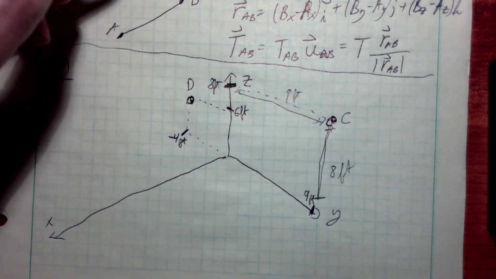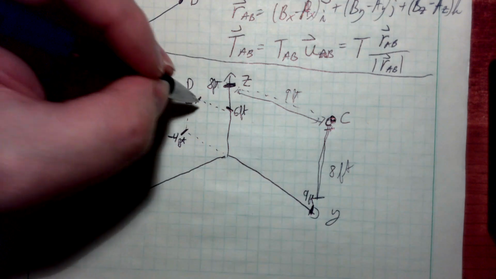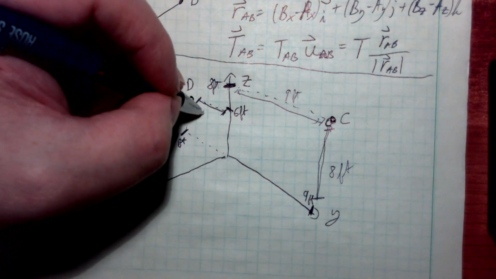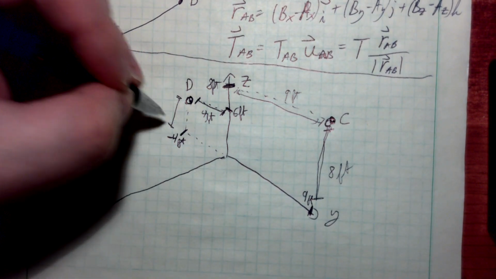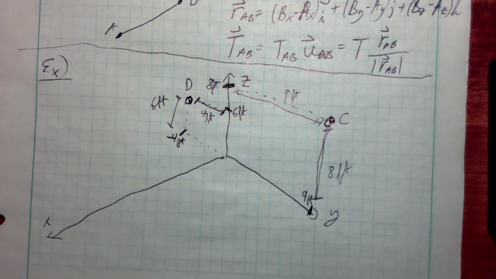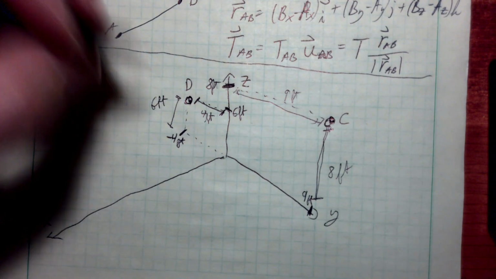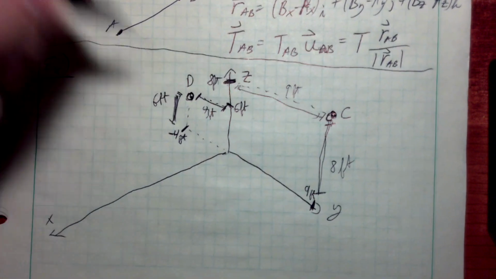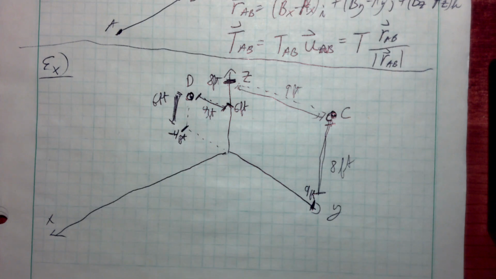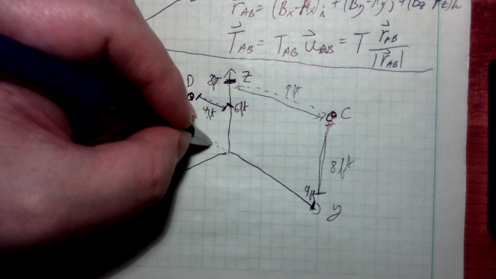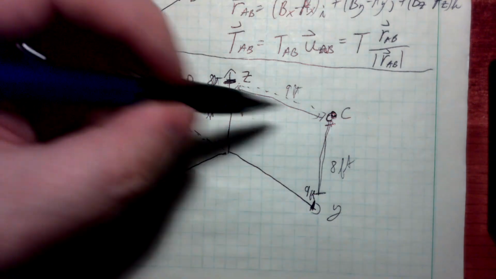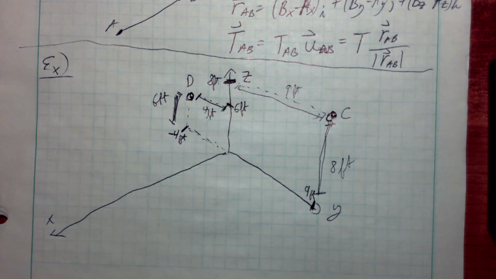The way they would mark this is they would say you've got 4 feet here, and you've got 6 feet there, something like that. This should be more vertical than I've drawn it. Okay, so that's points C and D.